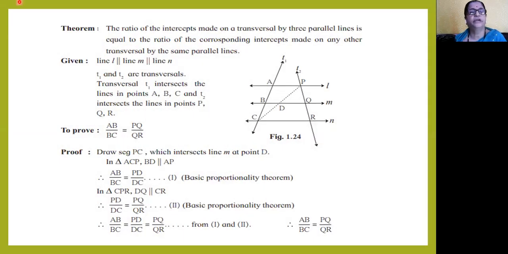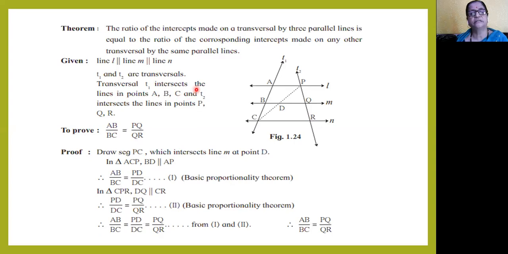Next, we are going to study the theorem that the ratio of intercepts made by a transversal on three parallel lines is equal to the ratio of the corresponding intercepts made by another transversal on the same parallel lines. Here it is given: line L is parallel to line M and M is parallel to N, and T and T2 are transversals.